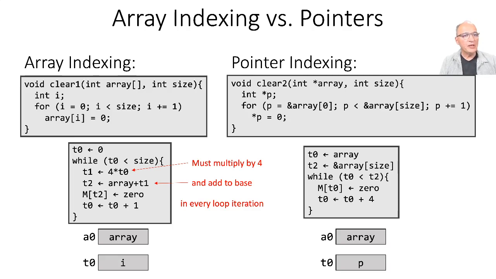So this adds to the work that I have to do. Now, if I look at my version for the pointer, the pointer already corresponds to the memory address that I need to access, and I do not need to do the address computation that I need to do in the code on the left.